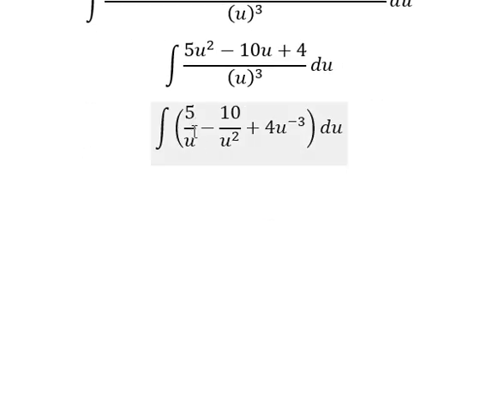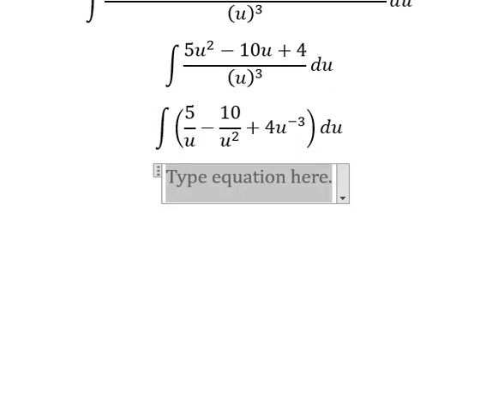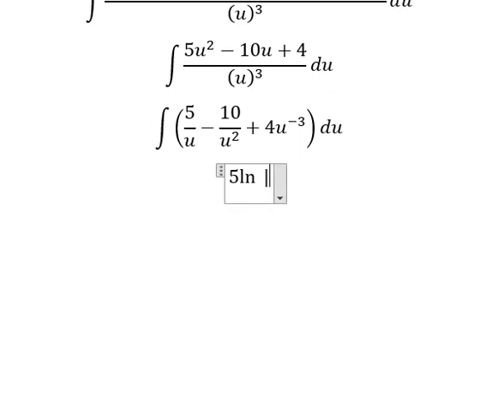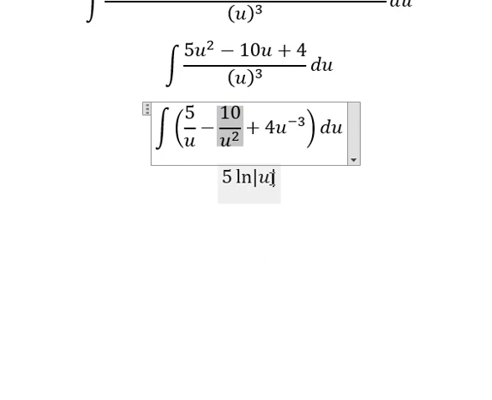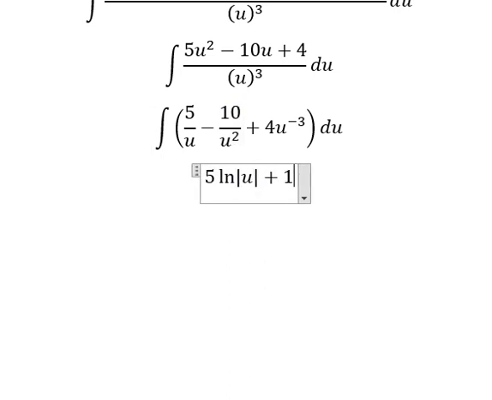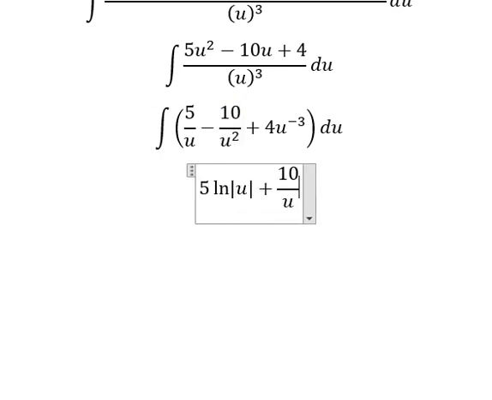So the integration of this one is 5 ln of the absolute value of u. So the integration of this one we have 10 over u.